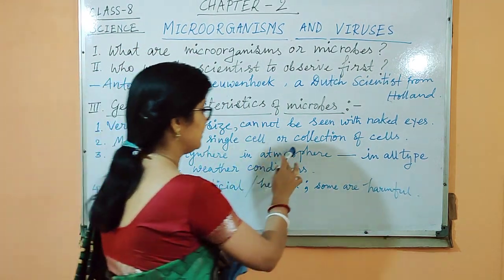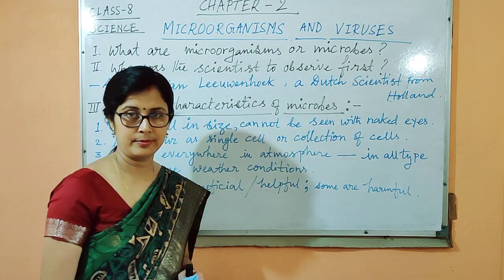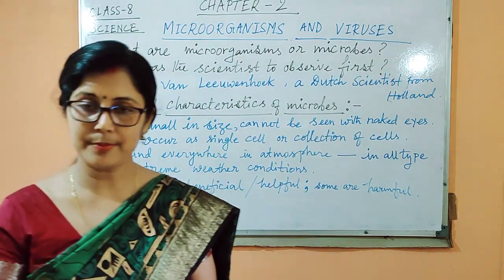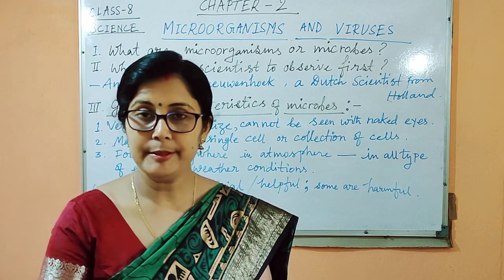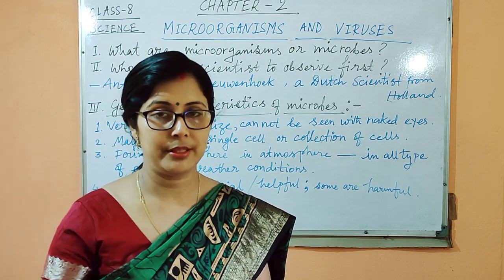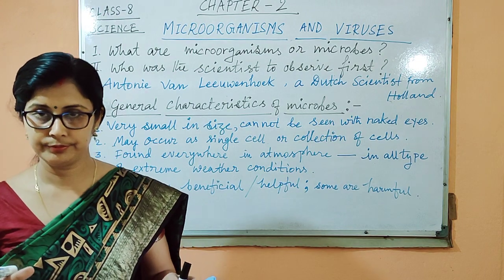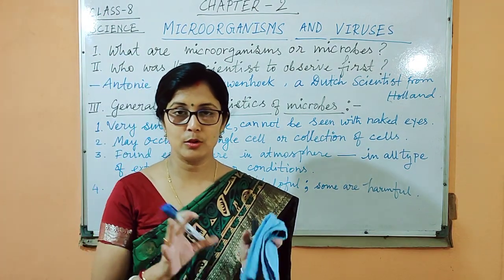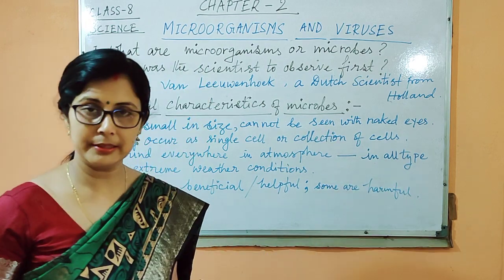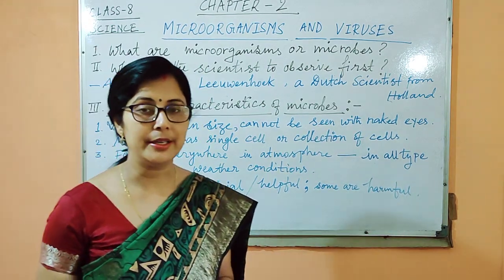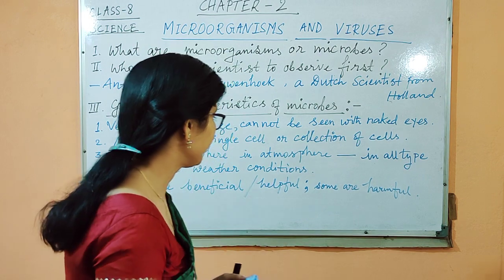Or they may remain as a collection of cells. In this chapter we will see bacteria and algae, where the cells occur in groups. They form a colonial structure. So microbes may remain singly as well as occur in groups.